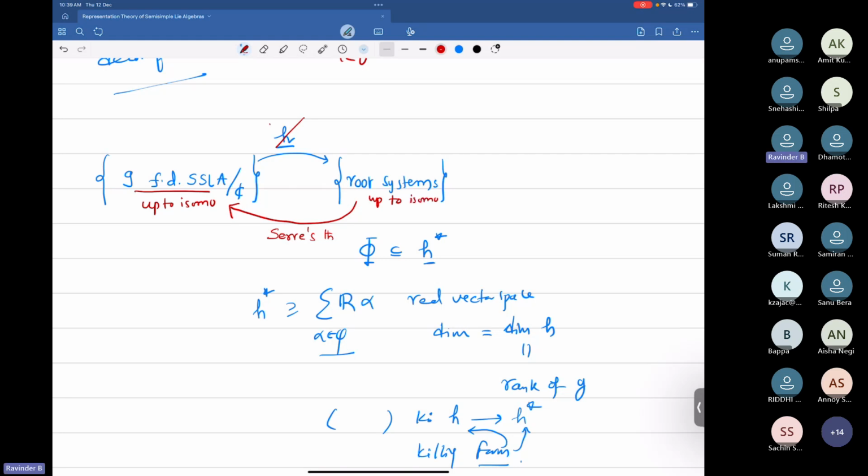This choice is independent of H actually. So if you want to classify all finite dimensional semi-simple Lie algebras, it's enough to classify root systems.